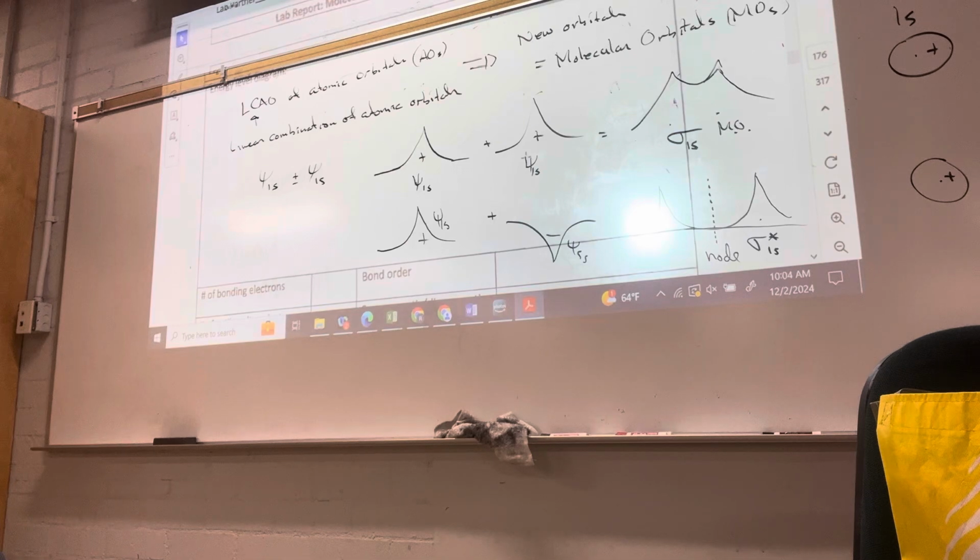And so for MO theory, we calculate the bond order based on MO theory. The bond order is just equal to the number of bonding electrons minus the number of anti-bonding electrons, divided by 2.